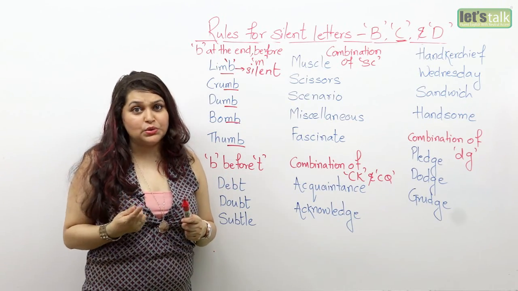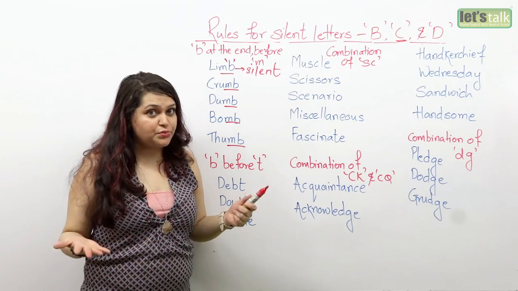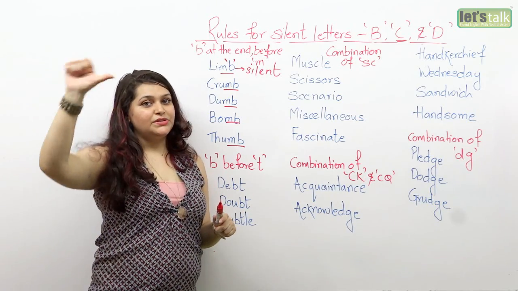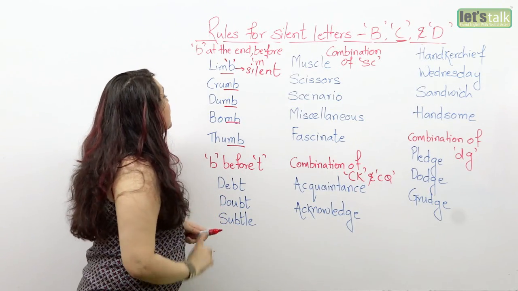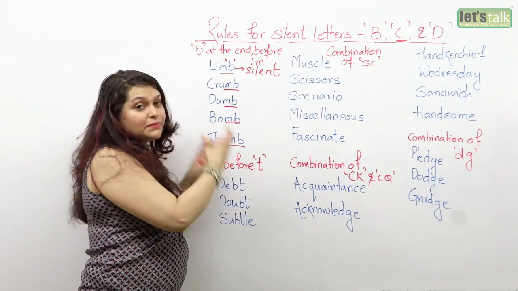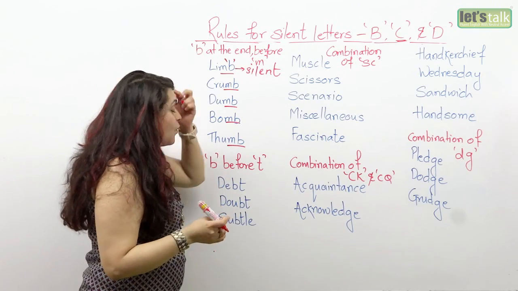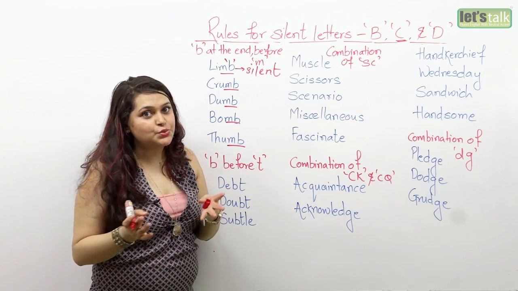It's a weapon used for violence, something that all of us probably do not support. And the last one is thumb, which stands for this finger. Yes, that's right. I hope you've got this rule, the pronunciations and the meanings of the words. Let's move on to another rule for when the alphabet B is silent in certain English words.